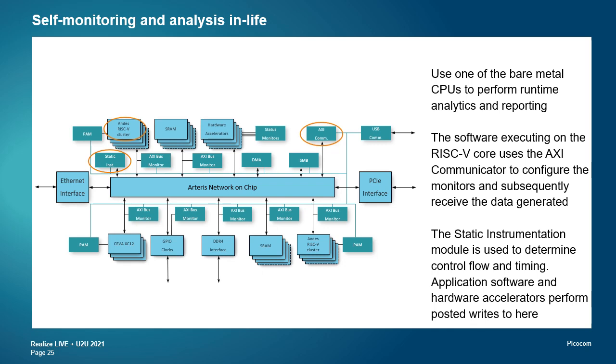It will get data from the embedded analytics infrastructure via the AXI communicator. And in this simple example, I'm going to show you how the static instrumentation module can be used by the software executing on the system and the hardware accelerators to give an indication of how the system is performing.